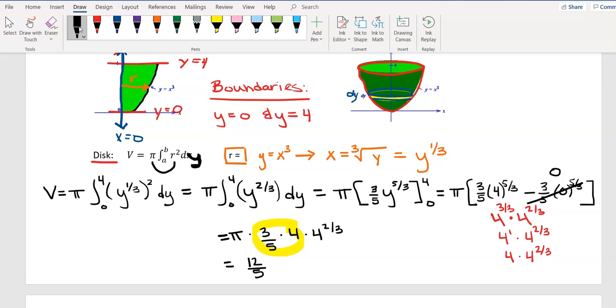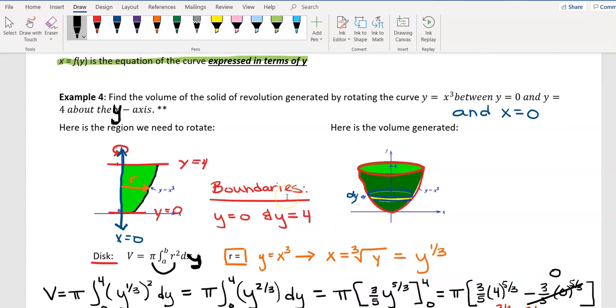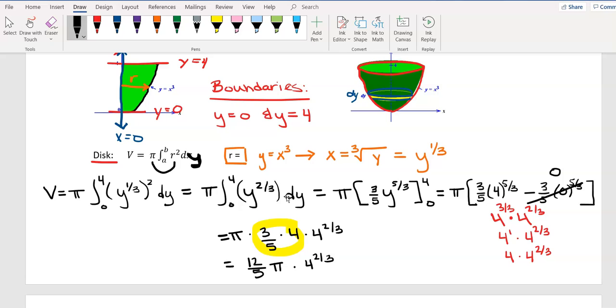And then I'll put the pi after that, and then I'll just write 4 to the 2/3 after. And I do not believe units were specified in this question, and they were not. So we're going to keep it general by writing units cubed. So you can either write units cubed or u to the 3rd power, that's fine.